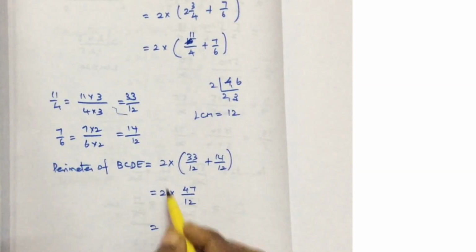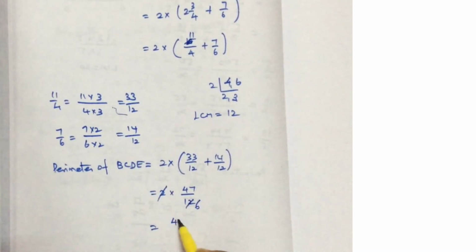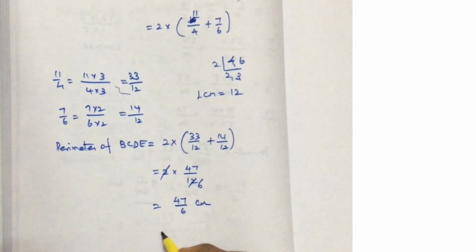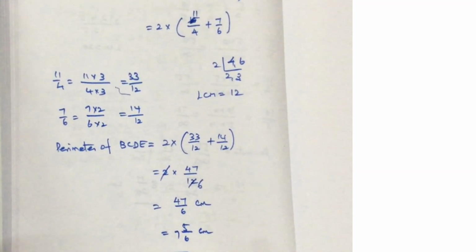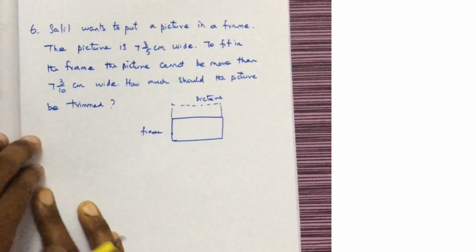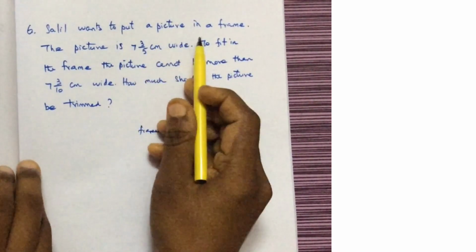So 2 ones are 2, 2 sixes are 12, 47 by 6 centimeter, that is equal to 7 5 by 6 centimeter. Next problem: Salil wants to put a picture in a frame.